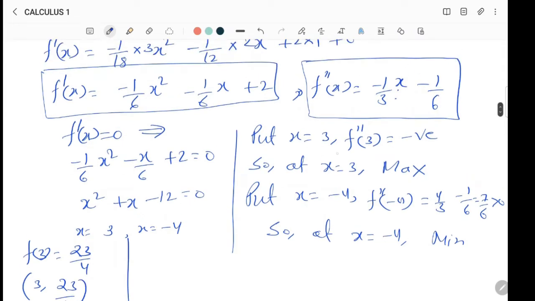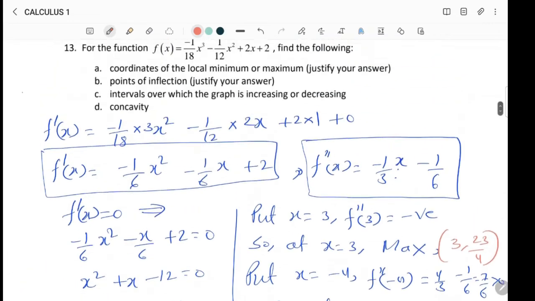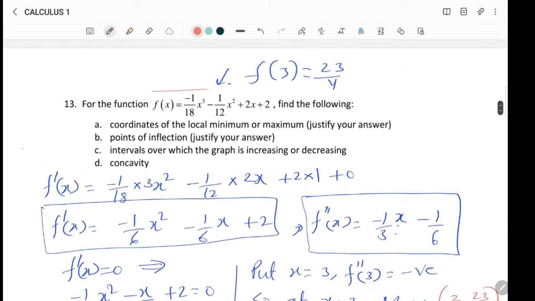At x equals 3 it's negative, so at x equals 3 we will get a maximum. So what will be the coordinate of the maximum? 3 comma 23 over 4. This is for the maximum.